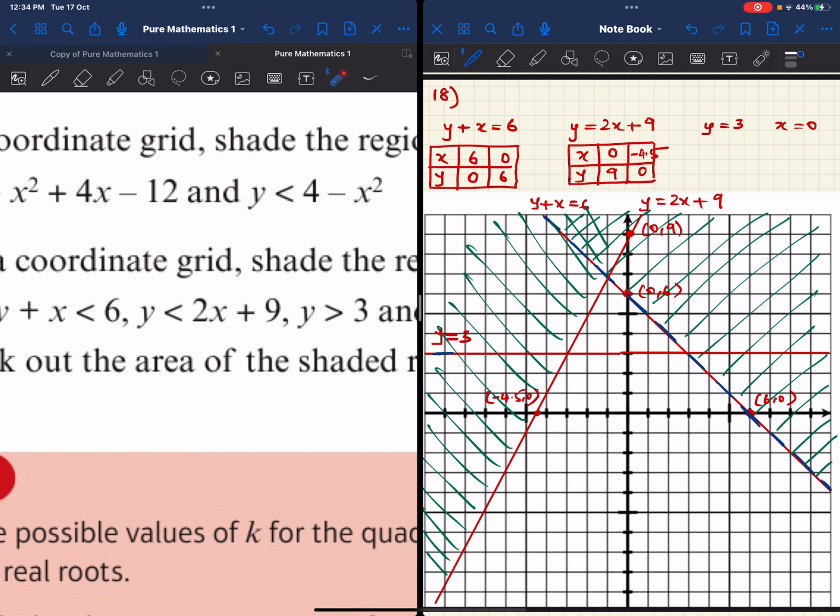So let's make the line dotted. And now the shading of the inequality, it has to be greater than 3. So greater y values are up. So the region below is the false region. So let's shade the false region.